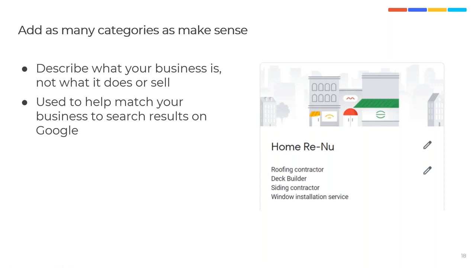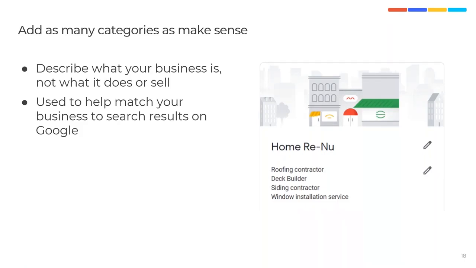So what we want to describe in here is what your business is, not what you do. You're an HVAC installer, not, and pardon the pun, the world's coolest AC guy. You are a dentist, not the nicest, most affordable dentist in town. Look, Google understands synonyms.